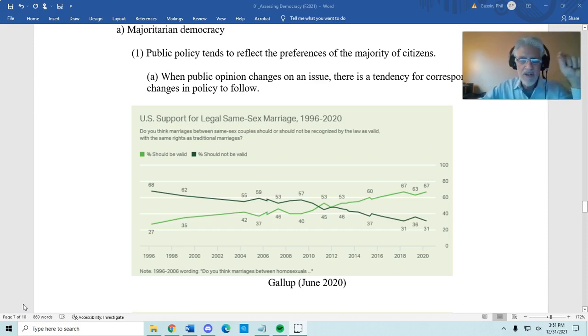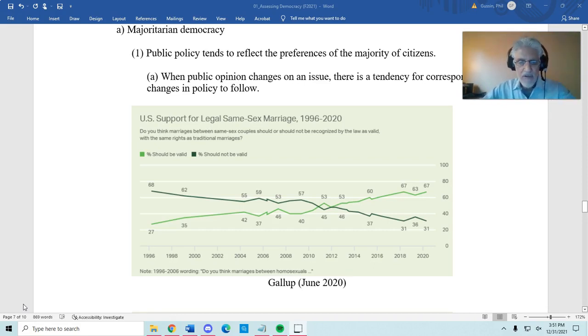The question they ask is, do you think marriages between same-sex couples should or should not be recognized by the law as valid with the same rights as traditional marriages? Essentially, should same-sex marriages be recognized and be accorded the same rights as traditional marriages?